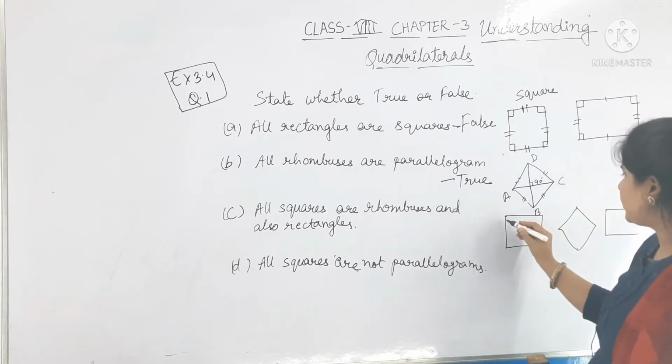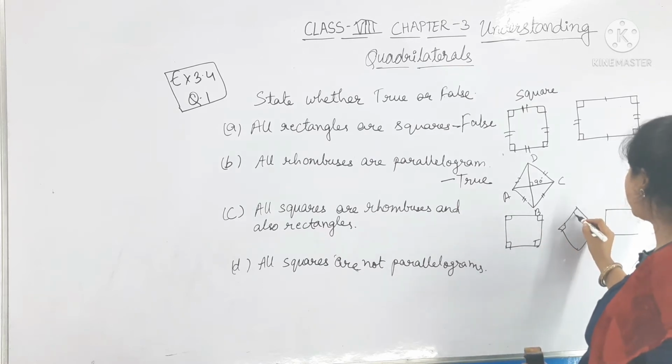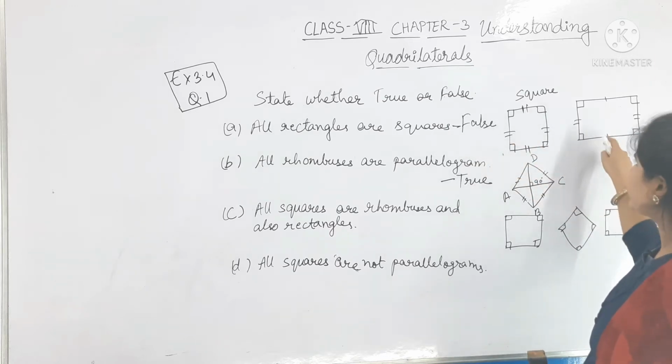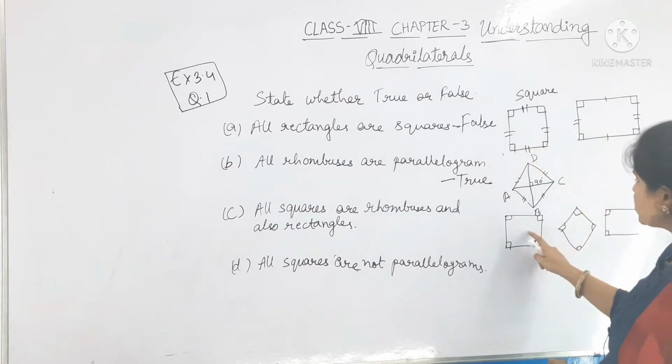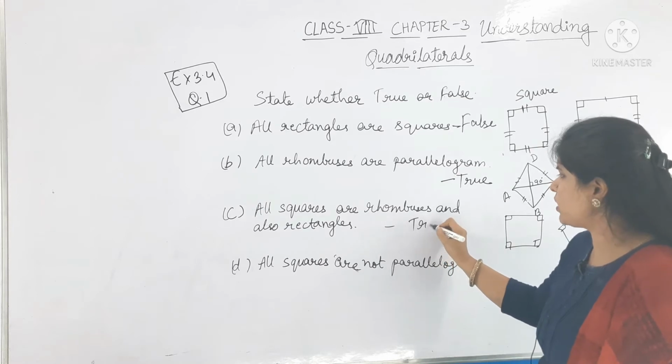This is a 90 degree angle, this is also 90 degrees, and this is also 90 degrees. Here we had seen all rectangles are not squares, but all squares can be rectangles, right? So this is a true statement.